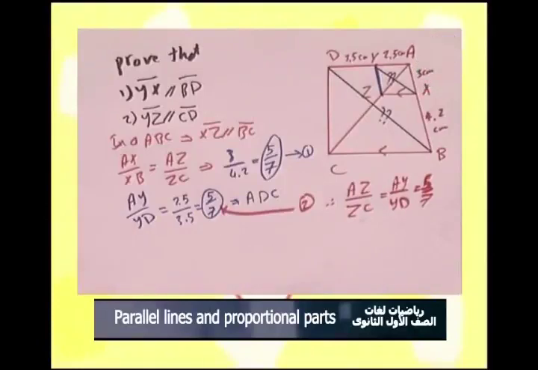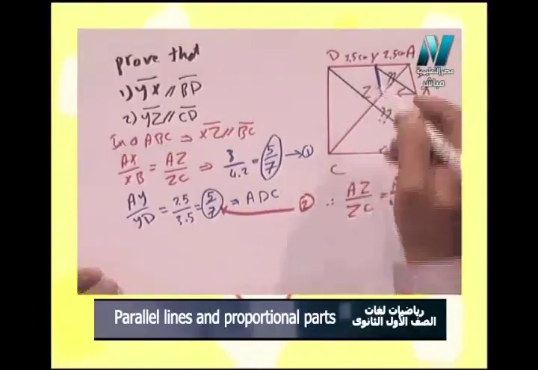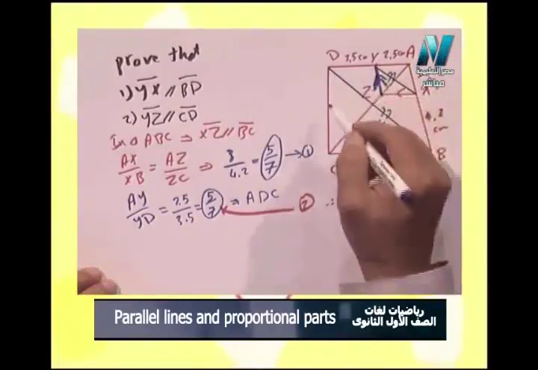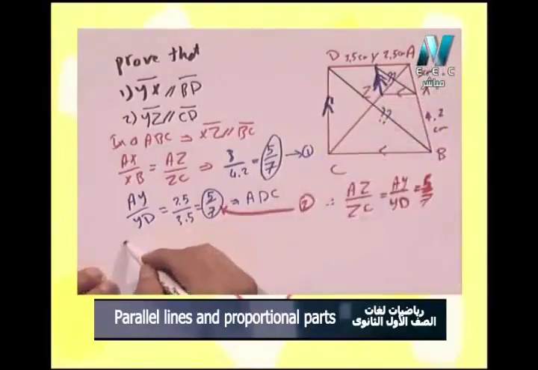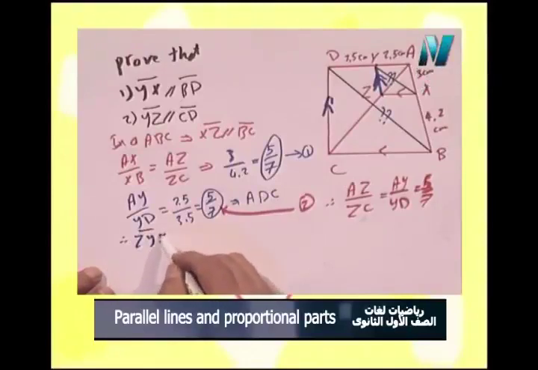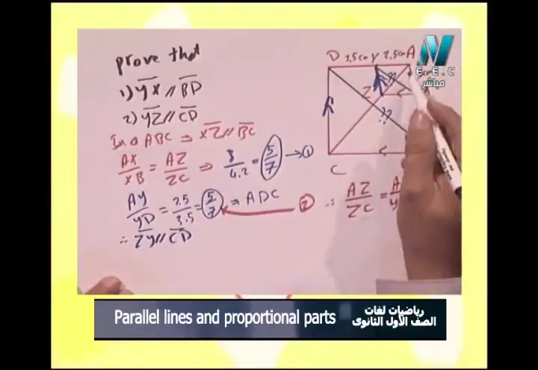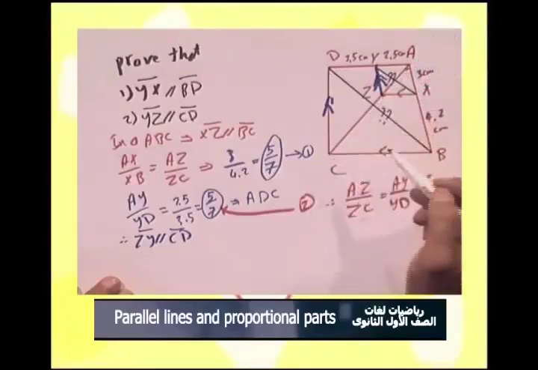So we can deduce easily that ZY here will be parallel to BC. Therefore, ZY is parallel to CD. And don't forget that we have a ratio here, AZ over ZC equals 5 over 7.